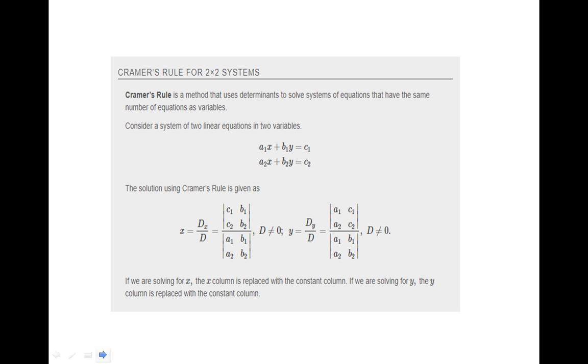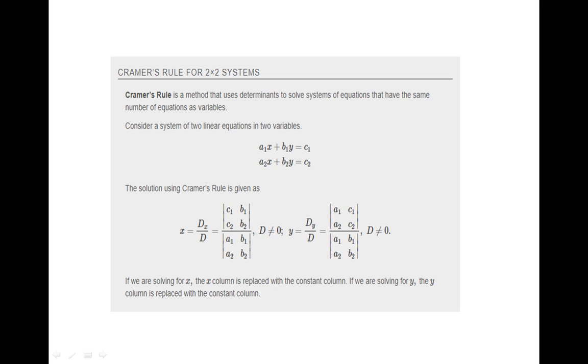All right, so this is how we're going to find x and y given a system of linear equations, ax plus by equals c, and another one, ax plus by equals c. Notice here we have x equals D sub x divided by D, the determinant.